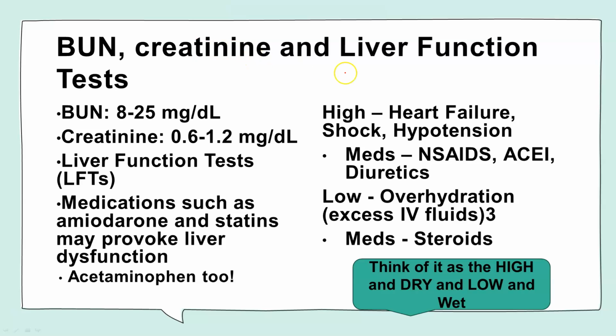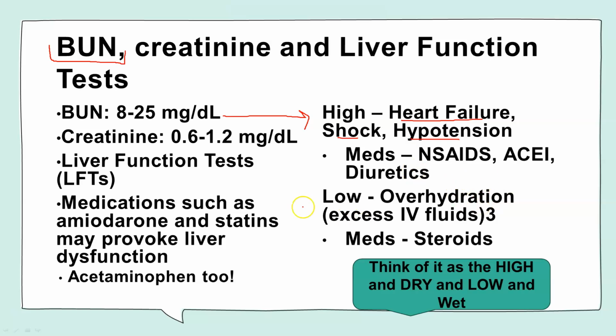BUN, creatinine, and LFTs. Please do not call it a bun, right? It's a BUN. I just remember like 10 to 25. I'm pretty good with that. If I recognize that I have a high BUN, for us, it could be indicative of heart failure, shock, hypotension.